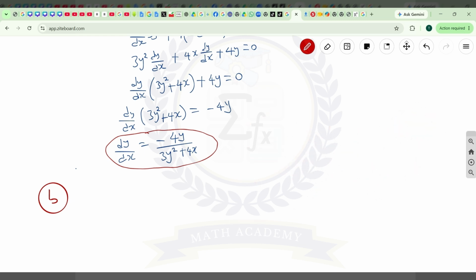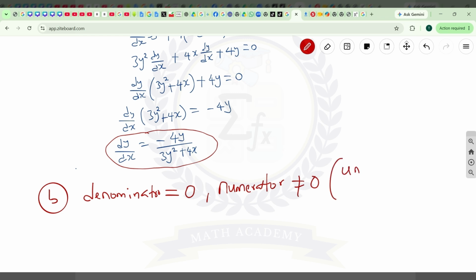So that's what we're going to use to solve this question. It tells you that the denominator is equal to 0 and the numerator is not equal to 0. This is for an undefined state.